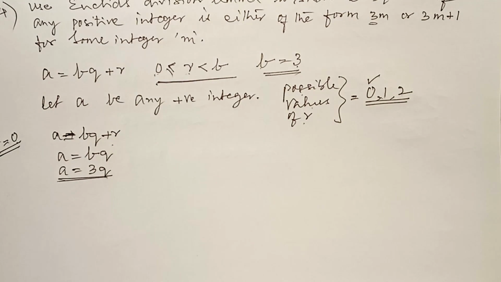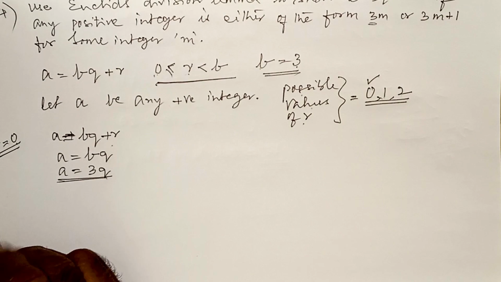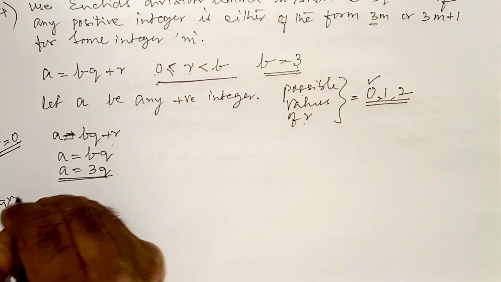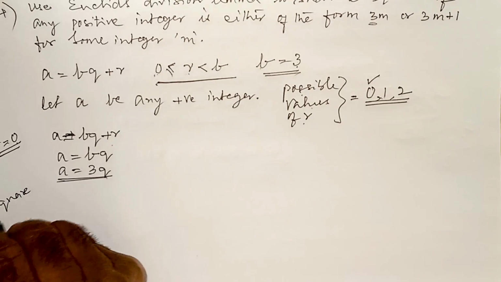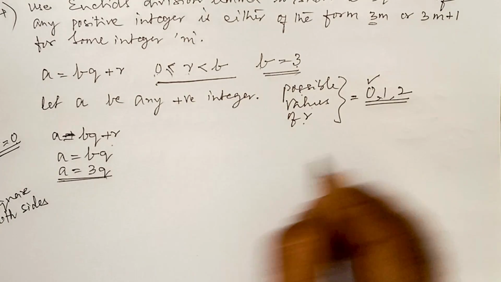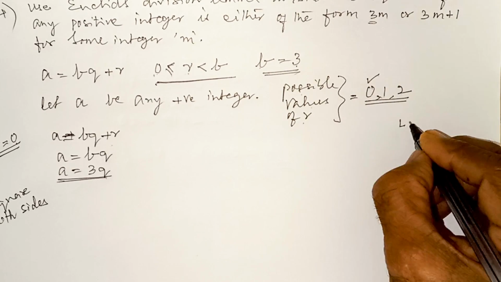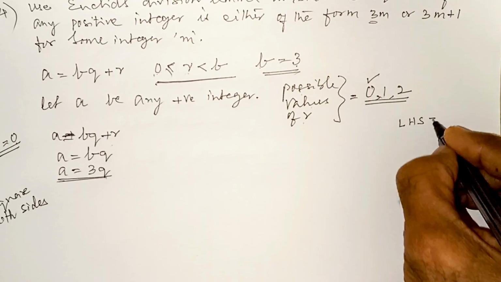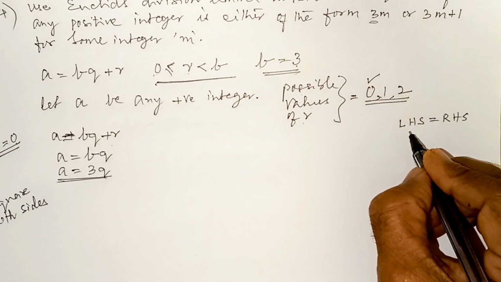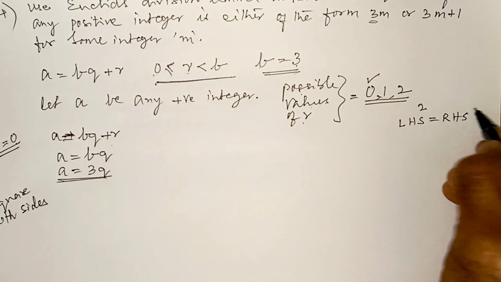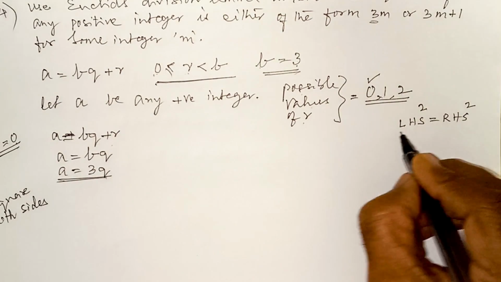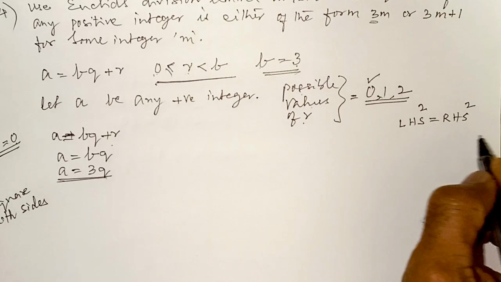This is number 1. What you have to do now is square both sides. We must remember that in mathematics, LHS will be equal to RHS. When you square one side, you have to square the other side to make sure that the value does not change.